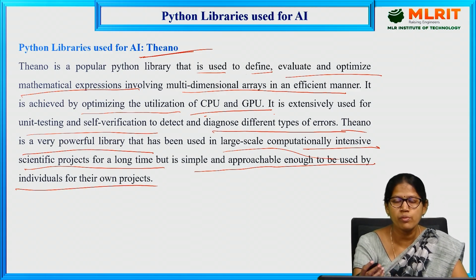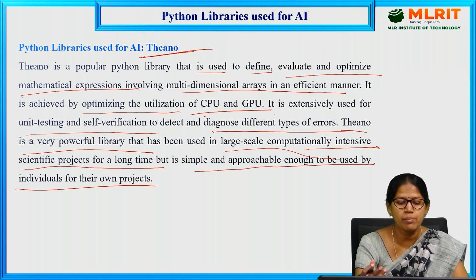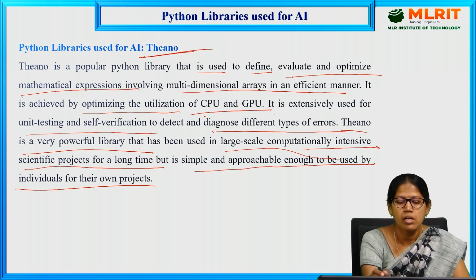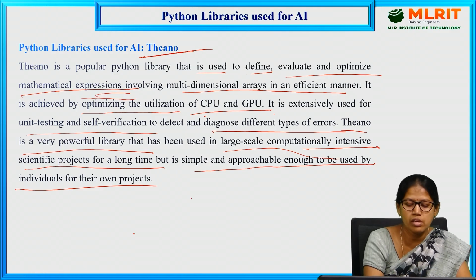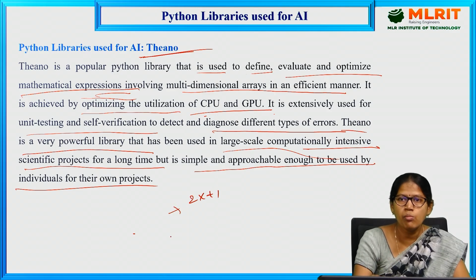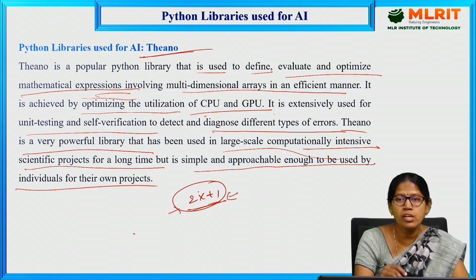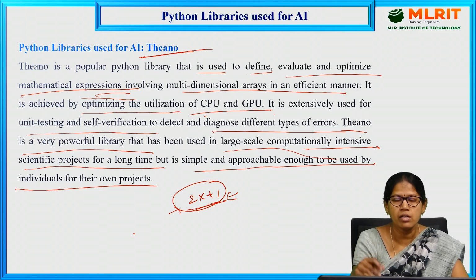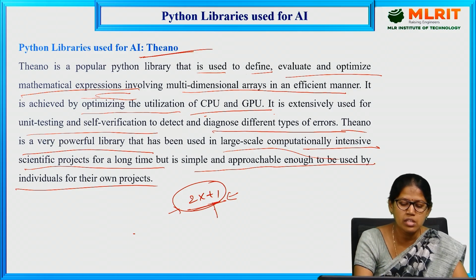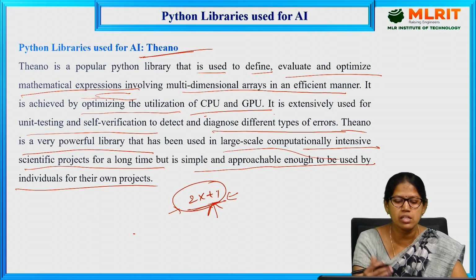Theano is one of the important libraries used to define, evaluate, and optimize mathematical expressions. If you give it 2x plus 1, it will train the model to identify this formula. We are not saying that it is a formula; the model will learn from the data.